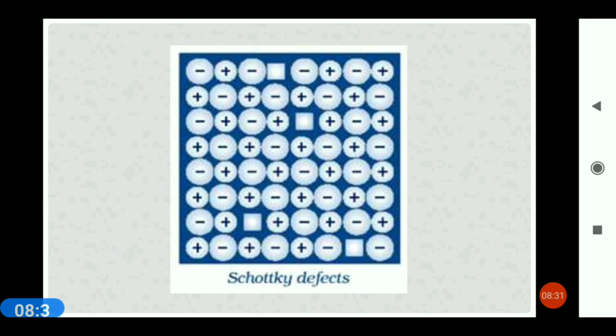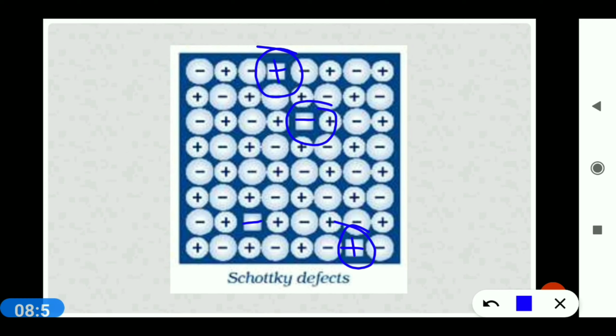If you see the diagram of Schottky defect, you can see a regular arrangement of cations and anions. Here, two positive charges are missing, and in the same way two negative charges are missing from the lattice sites. So a total of two positive and two negative charges are missing from the lattice sites.